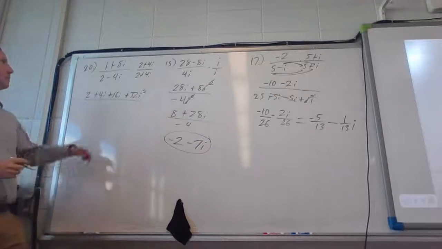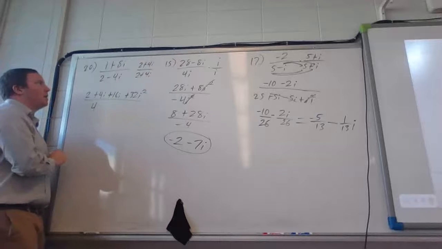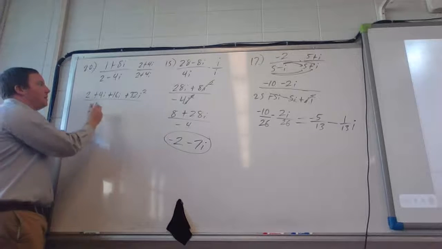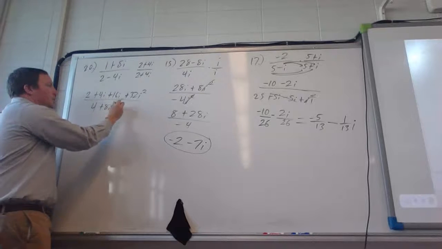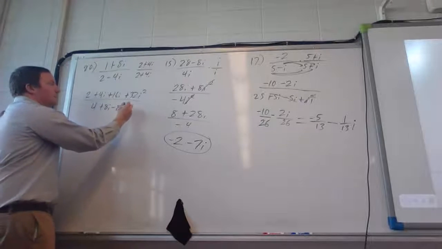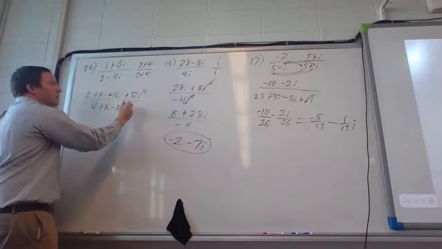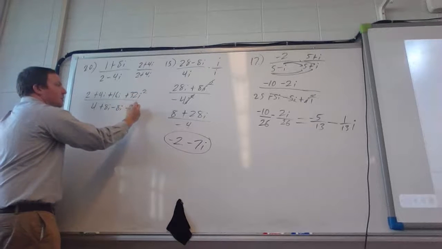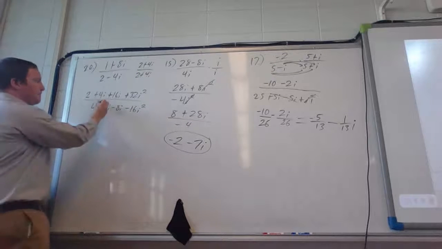Divided by, FOIL the bottom. 2 times 2 is 4, and then 2 times 4i is 8i, and then negative 4i times 2 is negative 8i, and those cancel. 4i times 4i is 16i squared. Middle ones cancel out.